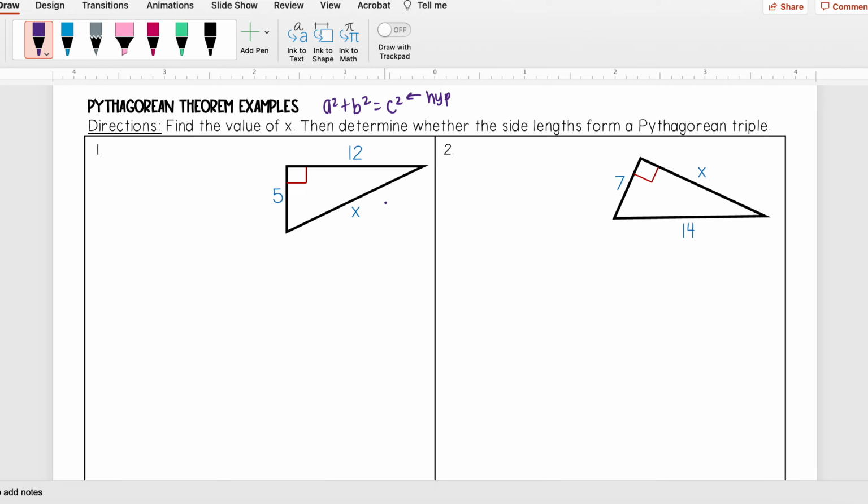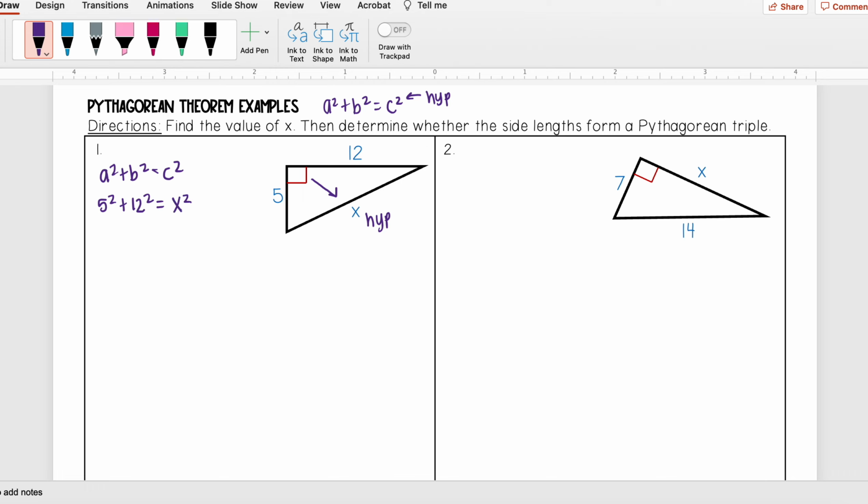And so I know my hypotenuse is the side that's opposite of my right angle. So I look at my right angle here and I draw an arrow and I see that x is my hypotenuse. So when I go ahead and plug my information into my Pythagorean theorem, I have 5 squared plus 12 squared is equal to my hypotenuse squared, which is x squared.